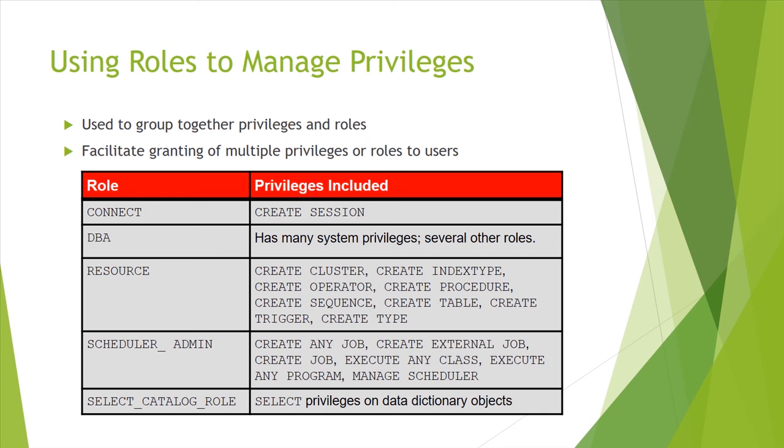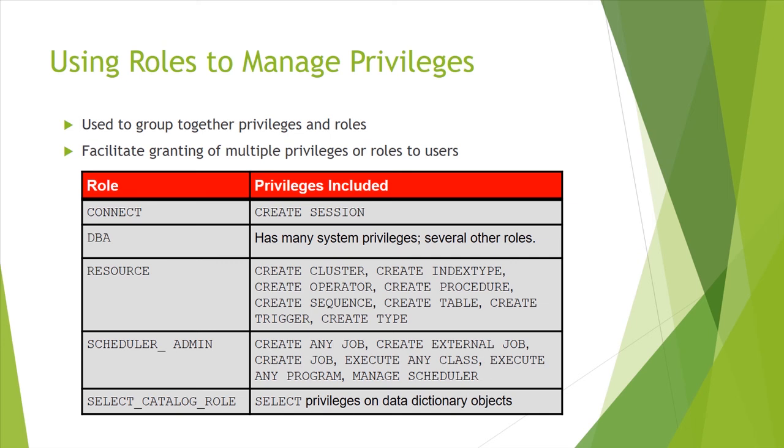There are many built-in or predefined roles that come with the database. The most common predefined roles are connect, DBA, resource, scheduler_admin, and select_catalog_role. The first role, the connect role, has the create session privilege.